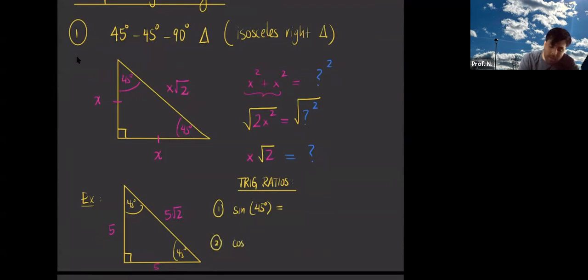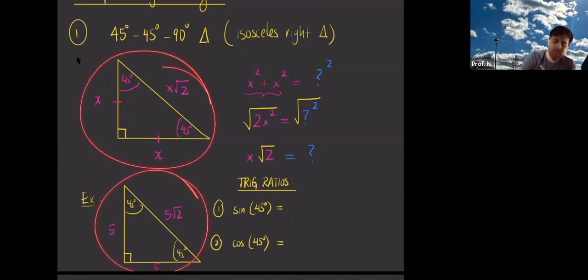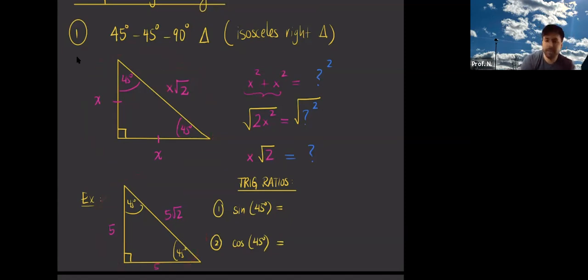And what is cosine of 45 degrees? Sine of 45 degrees, I don't care which triangle I'm in, will always be the same. So let's look at this triangle here. 45 degrees, choose one of them.